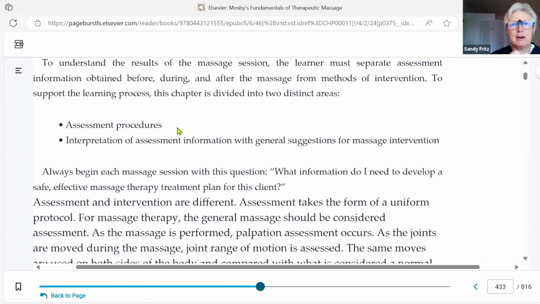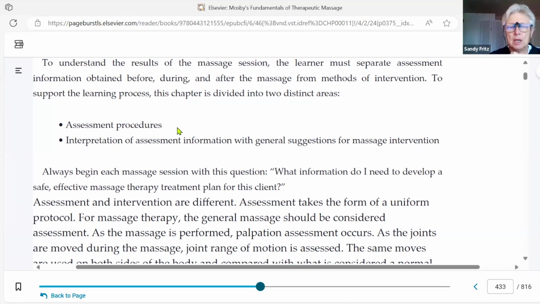And then there are some more focused and precise assessments that you can include. Some of these overlap with other healthcare professionals.